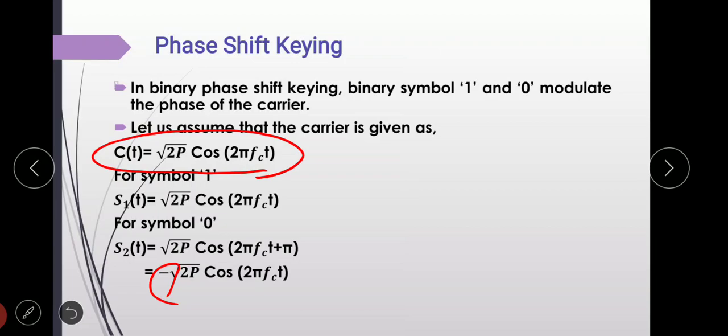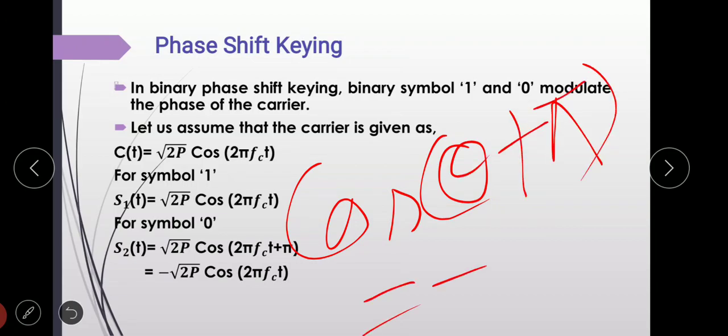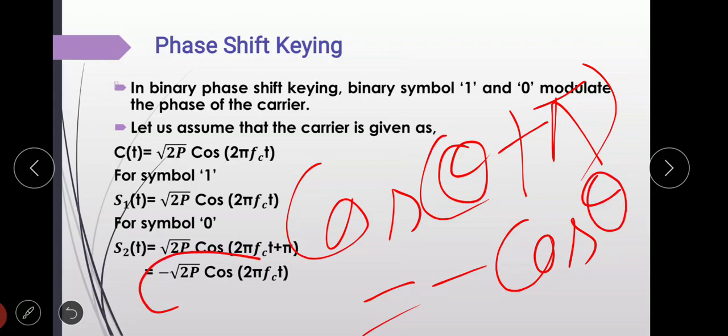Pi means 180 degree. As we know the mathematical formula, cos theta plus pi equals minus cos theta. So for that, here we get minus root 2P cos 2 pi fct.